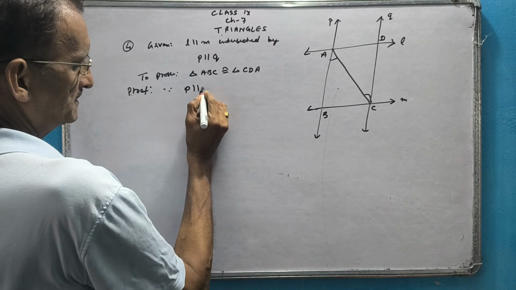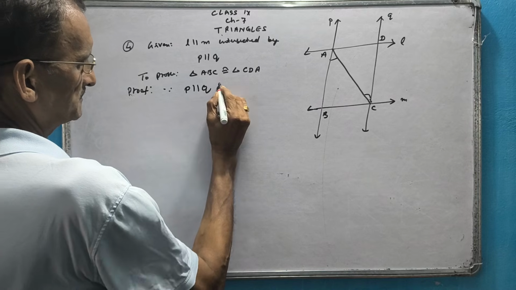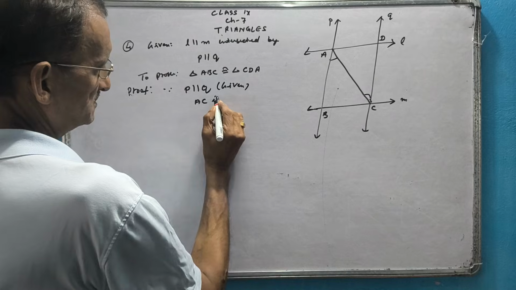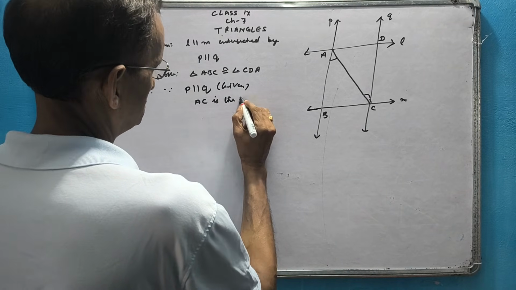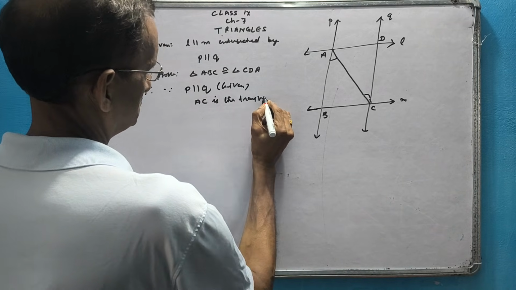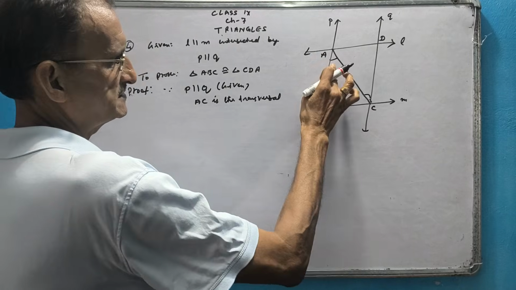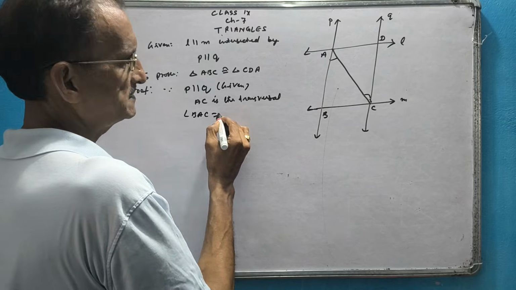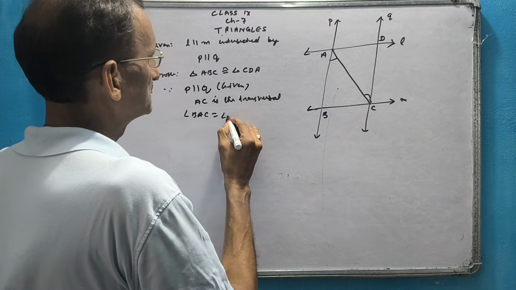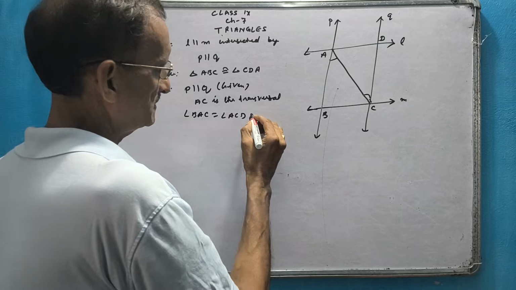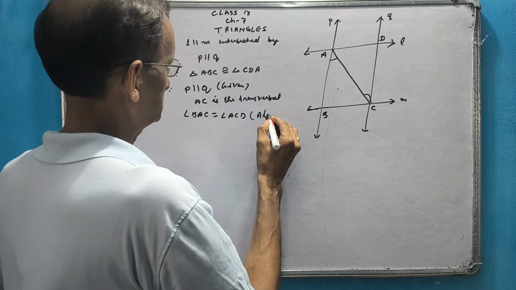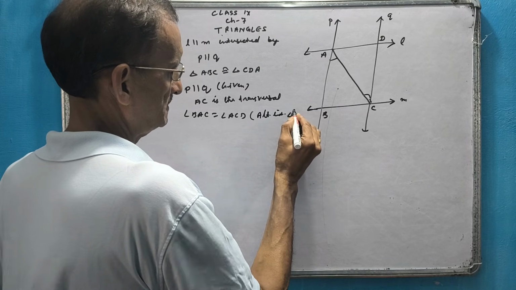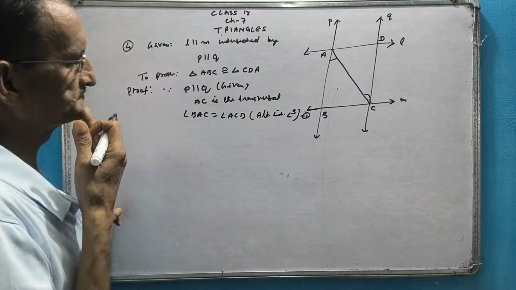Since P parallel Q given, AC is the transversal, therefore angle BAC is equal to angle ACD. Why? Because they are alternate interior angles. Give it equation 1.